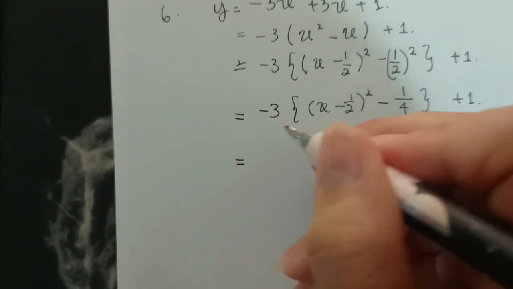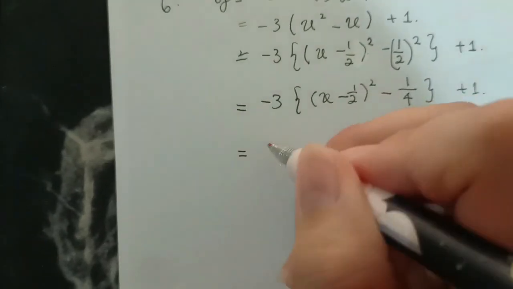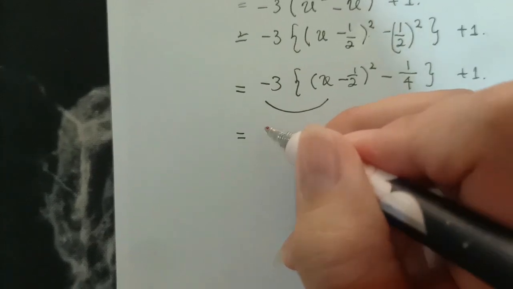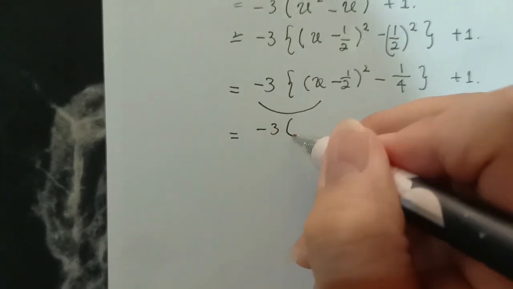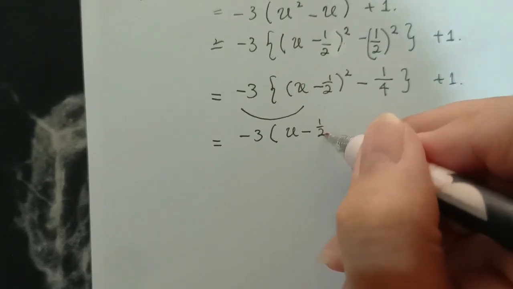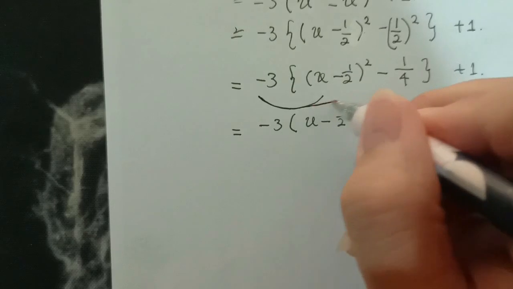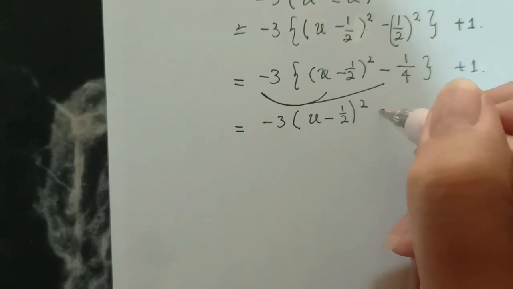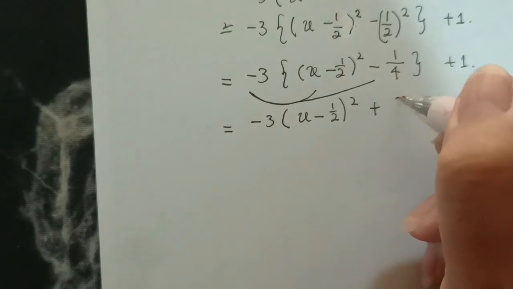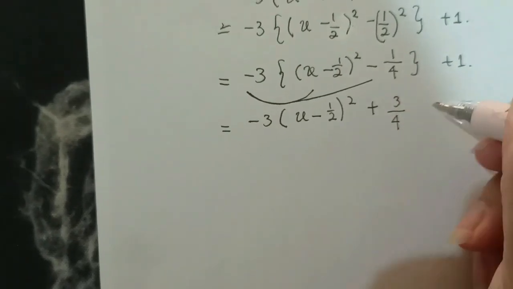Then we are going to remove this bracket. So minus 3 multiply this will be minus 3 in the bracket, x minus half quadrat. Minus 3 multiply this will be plus 3 per 4.